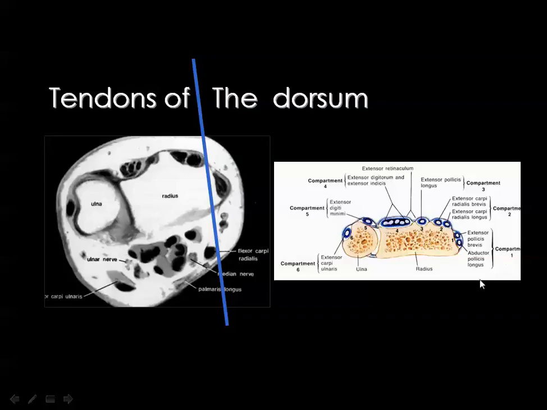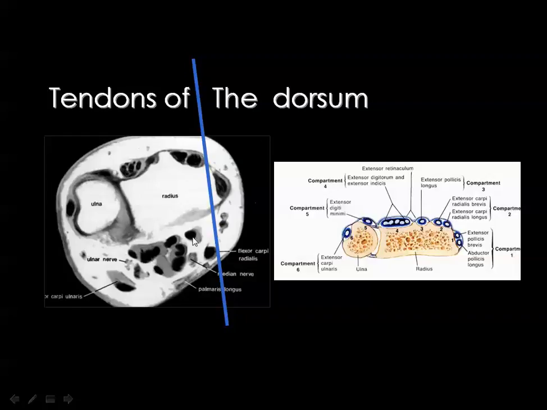Okay, if you remember the flexor tendons: flexor carpi ulnaris, flexor carpi radialis, flexor digitorum, flexor pollicis. Then, on the ulnar side, one by one: flexor carpi ulnaris, extensor carpi ulnaris, flexor digitorum, extensor digitorum.